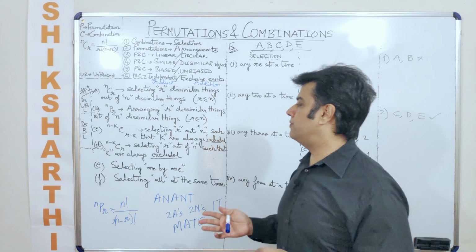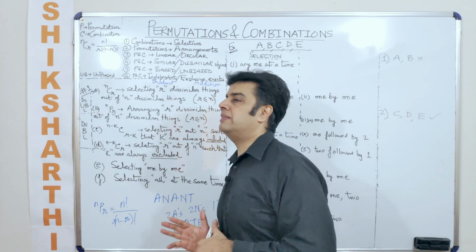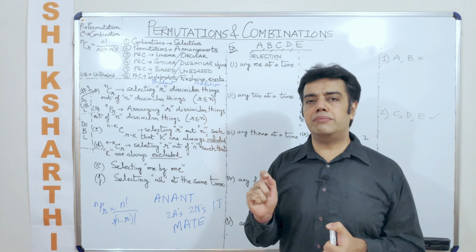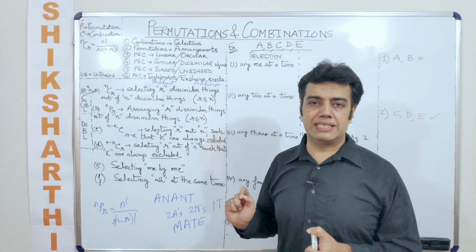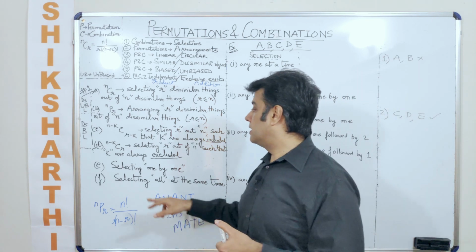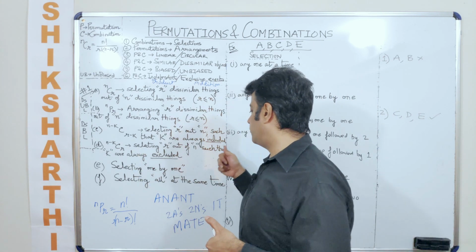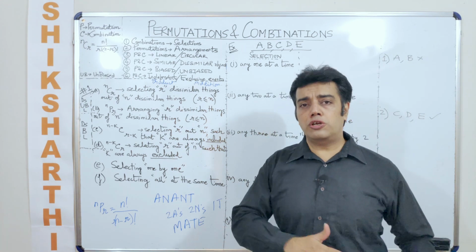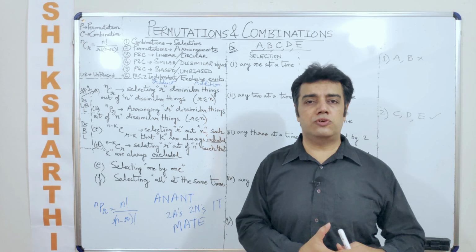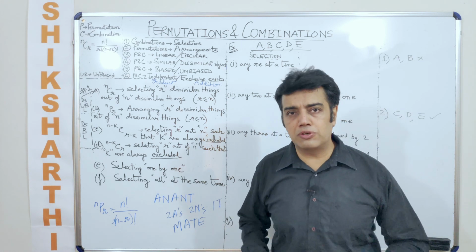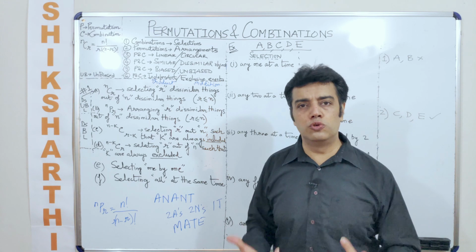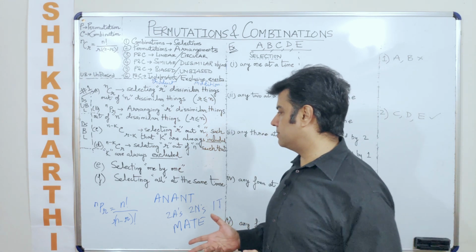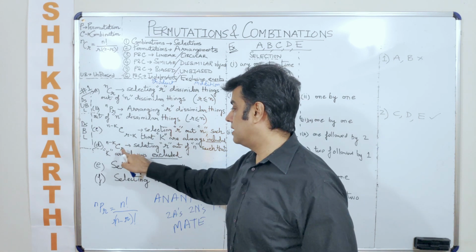Which is why, if we are selecting R things out of N things such that K things will always be included, this is given by N minus K C R minus K. Similarly, if I say select R things out of N things such that K things are always excluded, that means the selection is not out of a set of N things. The selection is out of a set of N minus K things, because K things will always be excluded from the selection list. Right? So in that case, the selection becomes N minus K C R.